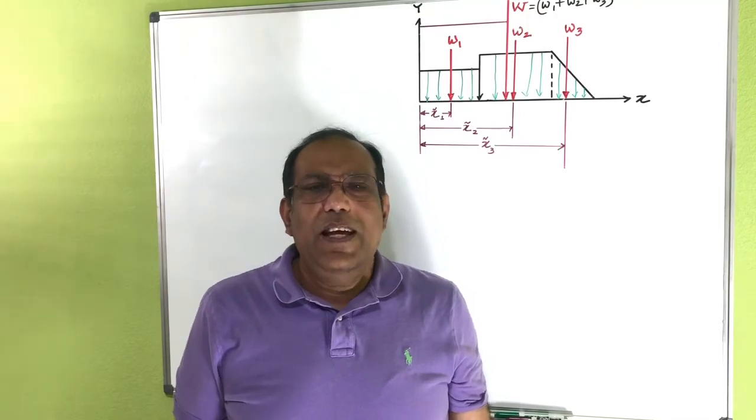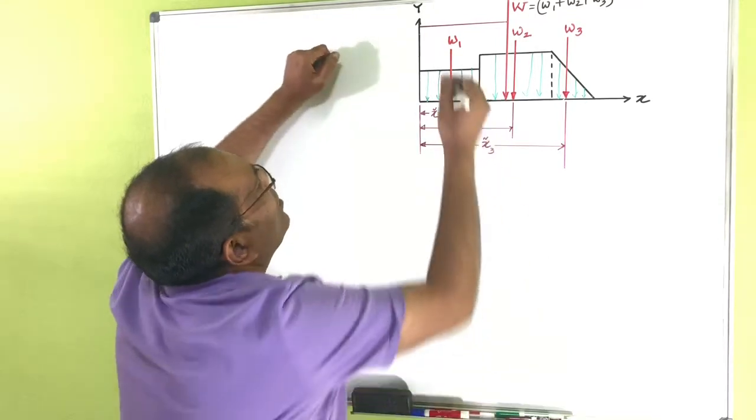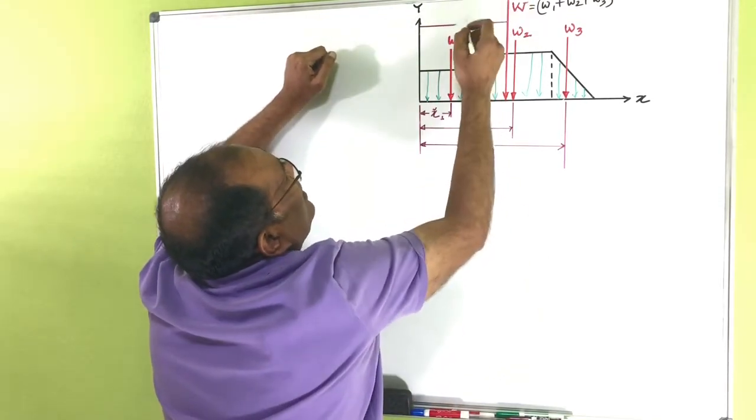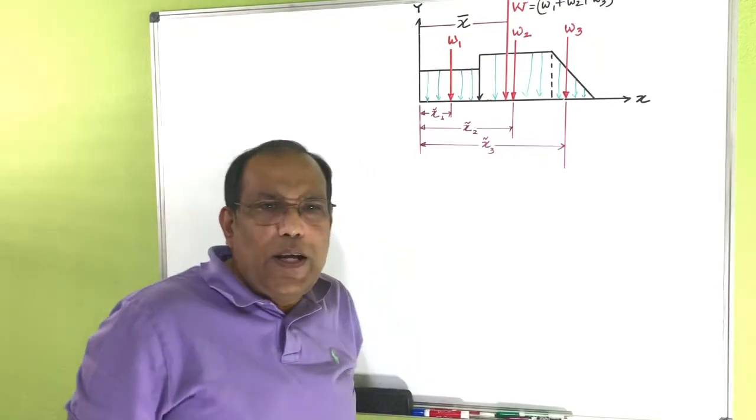Now what is the location of that resultant force? Let's say the location of your resultant force is x bar. That's the centroid.